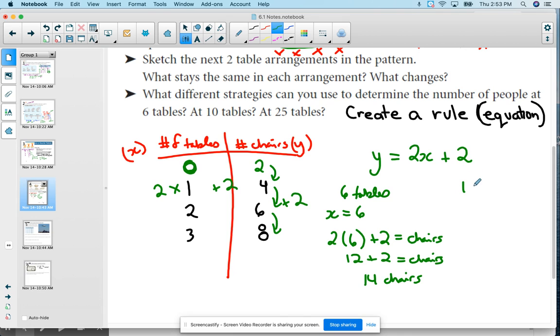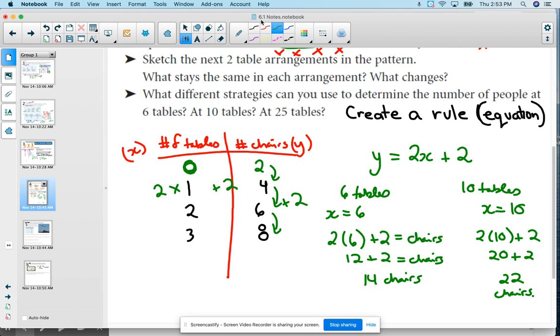Okay, 10 tables. That's when x would be equal to 10 because x represents my number of tables. So 2 times 10 plus 2. 2 times 10 is 20. 20 plus 2, I have 22 chairs.